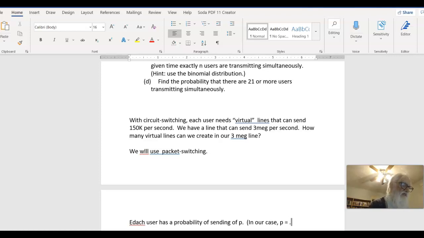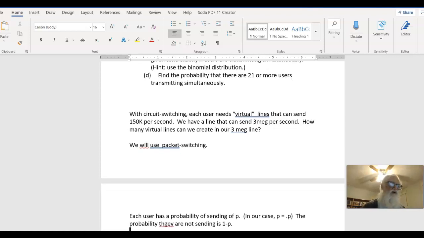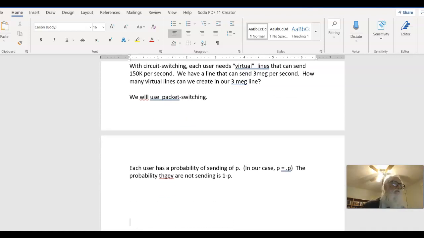What that means is at any given time, the probability that that person is sending is 0.1. Well, of course, that means the probability they're not sending is 1 minus P, which often is called Q when you're doing this.